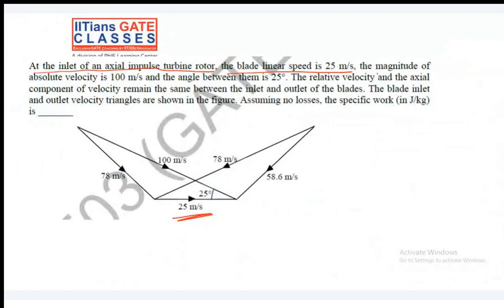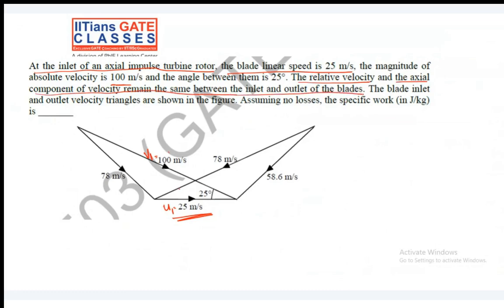The magnitude of absolute velocity is 100 meter per second, means at the inlet V1 value is given, and U1 value is also given. Then it says that the relative velocity, mind the word relative velocity, and the axial component of velocity remain the same between the inlet and the outlet of the blades.